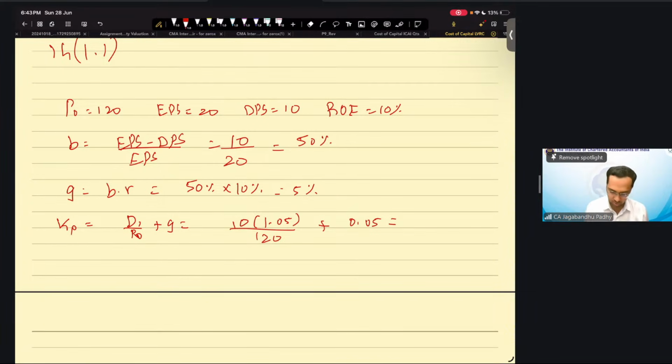So the cost of equity will be 10 into 1.05 divided by 120 plus 0.05, which is 13.75%.